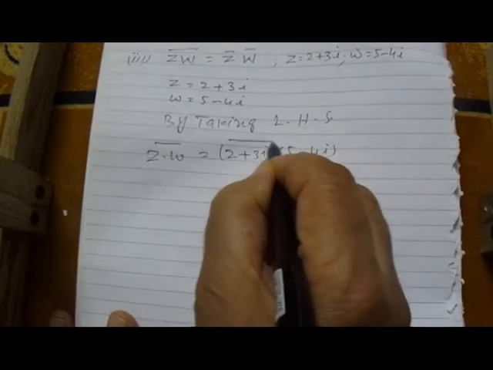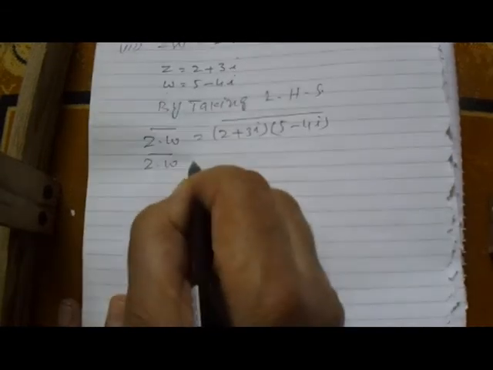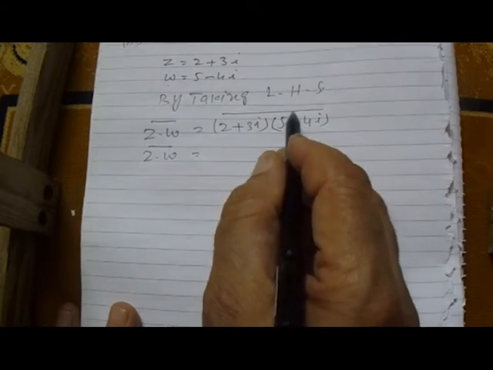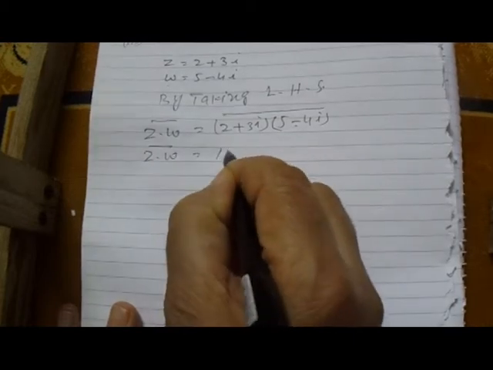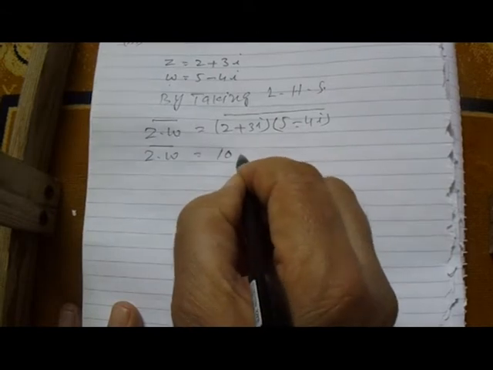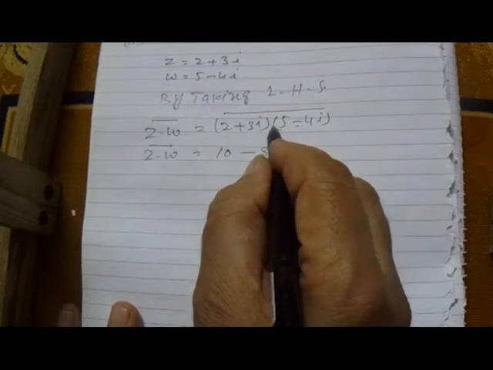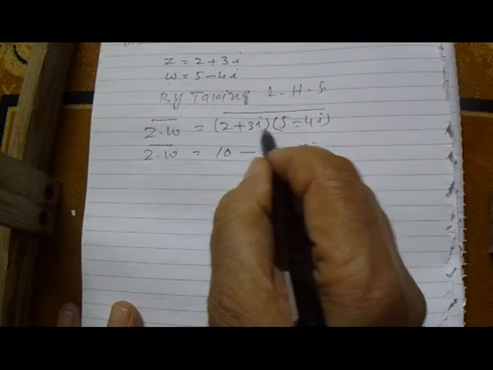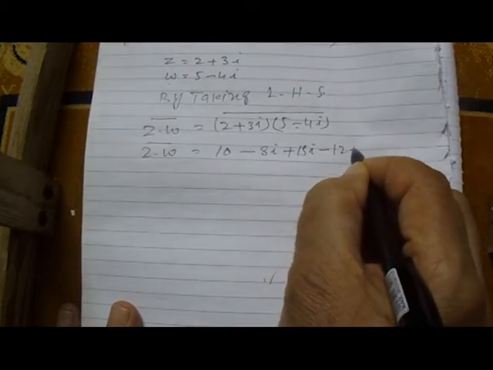Now we write the bar of this. First we multiply, then we remove this sign. First we write here 2 times 5 is 10, 2 times minus 4i is minus 8i, plus 3i times 5 is plus 15i. Now plus 3i times minus 4i is minus 12i squared.